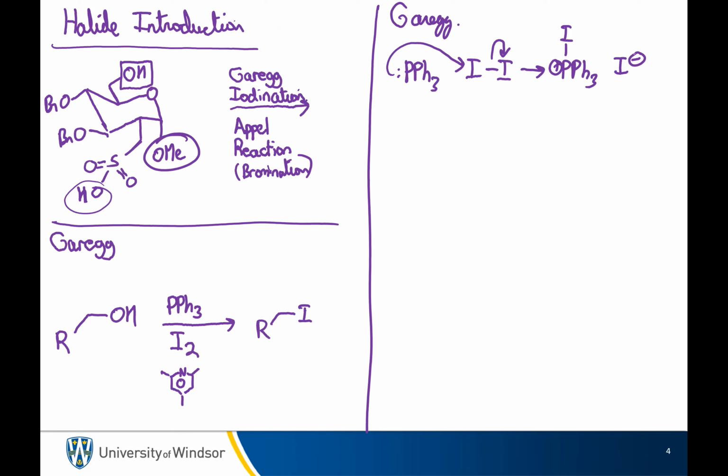But for that to happen, iodine needs to be reactive, and here we're using triphenylphosphine. So we get this. And now we're going to take advantage of the fact that oxygen just loves phosphorus so much. And so the oxygen is going to come in and displace iodine and attack the phosphorus.